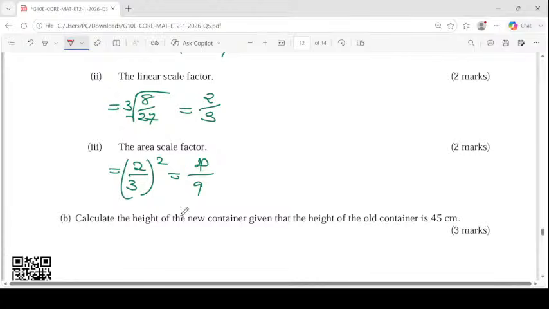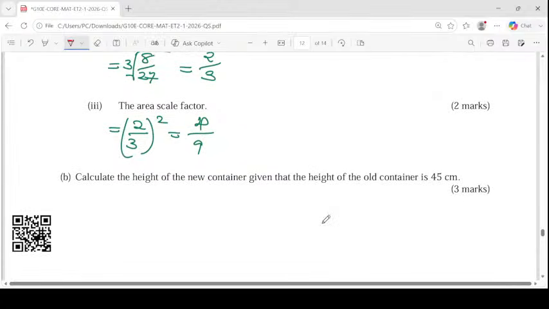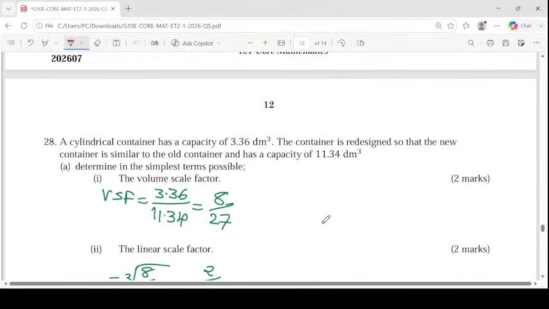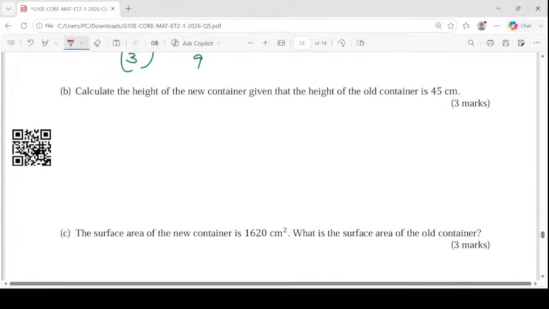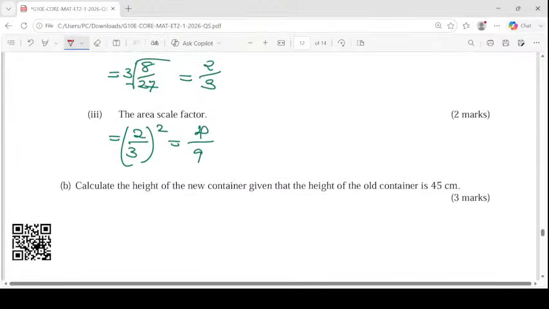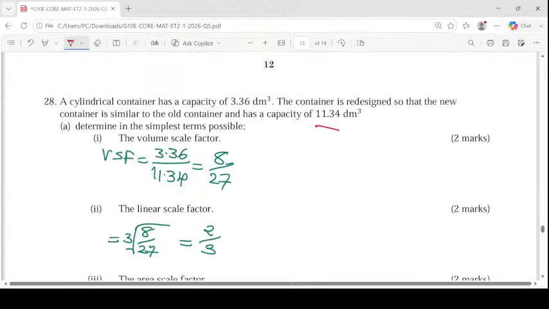Calculate the height of the new container, given that the height of the old container is 45. So the new one is bigger than the old one. When they talk about the height, you talk about the linear scale factor 2 over 3. Which one is bigger?